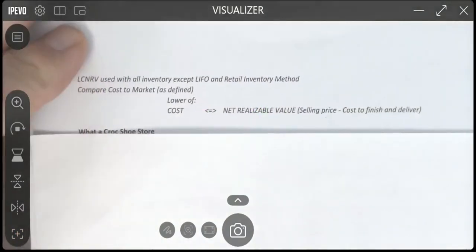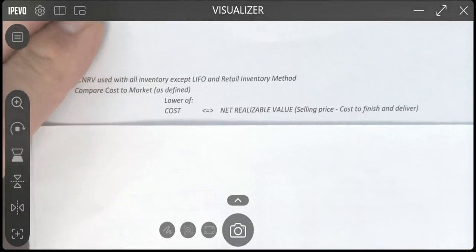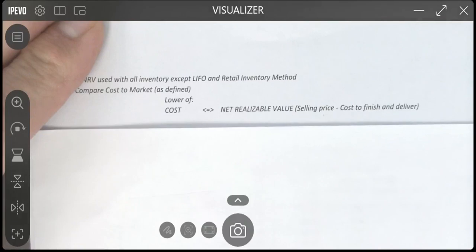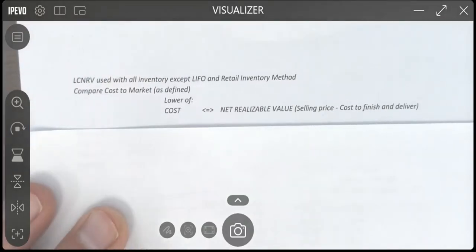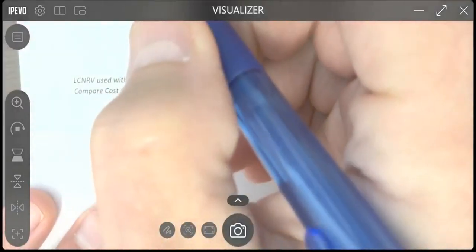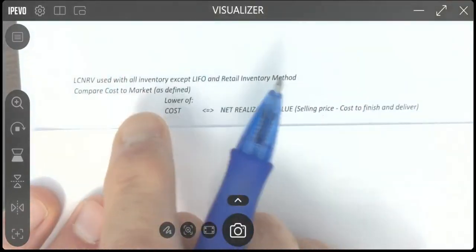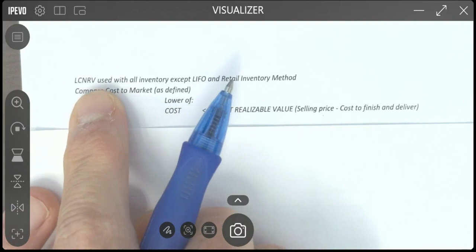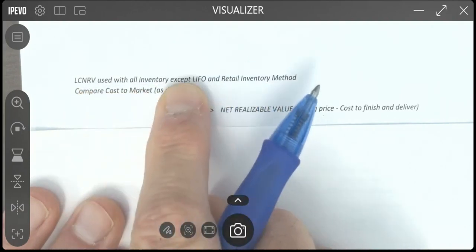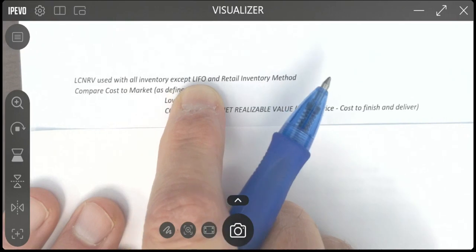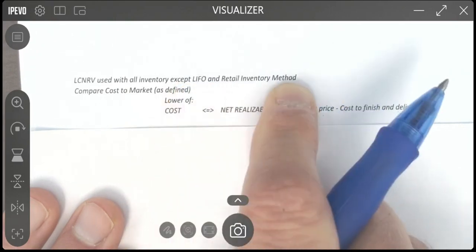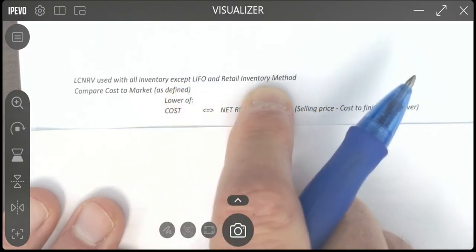And welcome back. So remember the rule here regarding requirement number 1. Lower of cost or net realizable value is used with all inventory methods and inventory cost flow assumptions except LIFO and the retail inventory method.